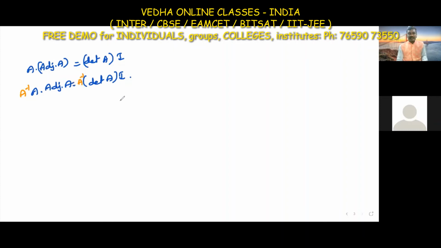We have the formula A into A inverse is equal to I, and A inverse into A is equal to I. So A inverse into A is I, and we can write it as I into adjoint of A is equal to A inverse into det A into I.